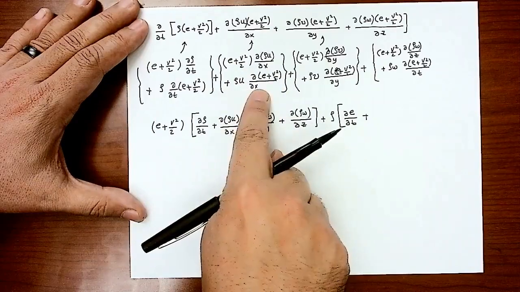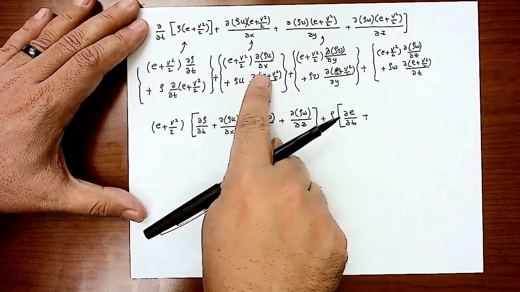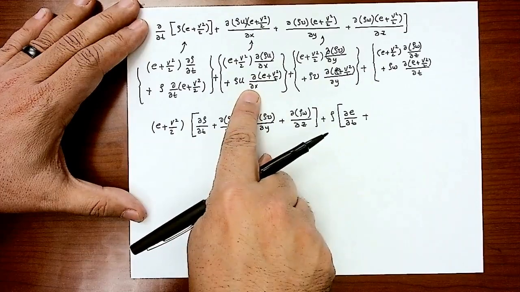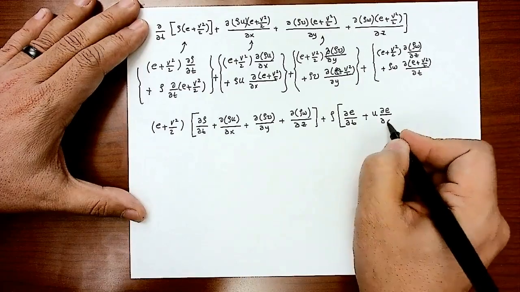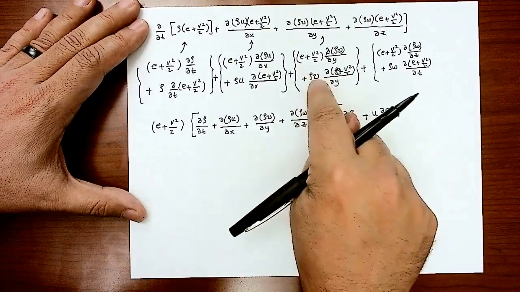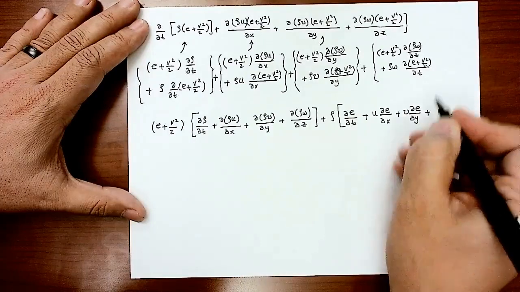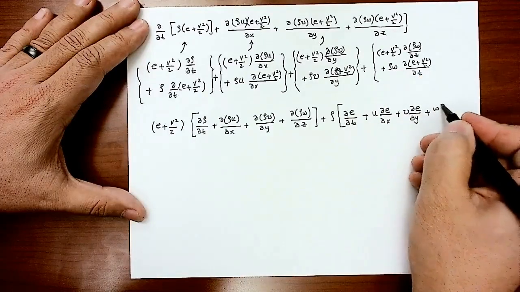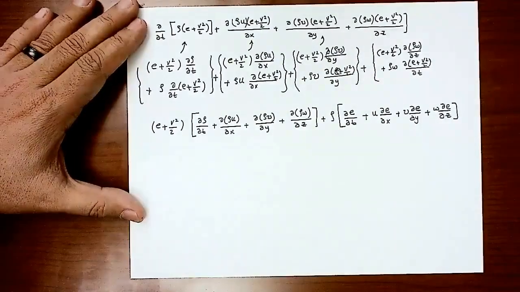For this term, I will have rho outside. Then I will have ∂E/∂X, but there is U outside. So I will have U ∂E/∂X plus V ∂E/∂Y plus W ∂E/∂Z. Let's see what's the remaining term here.